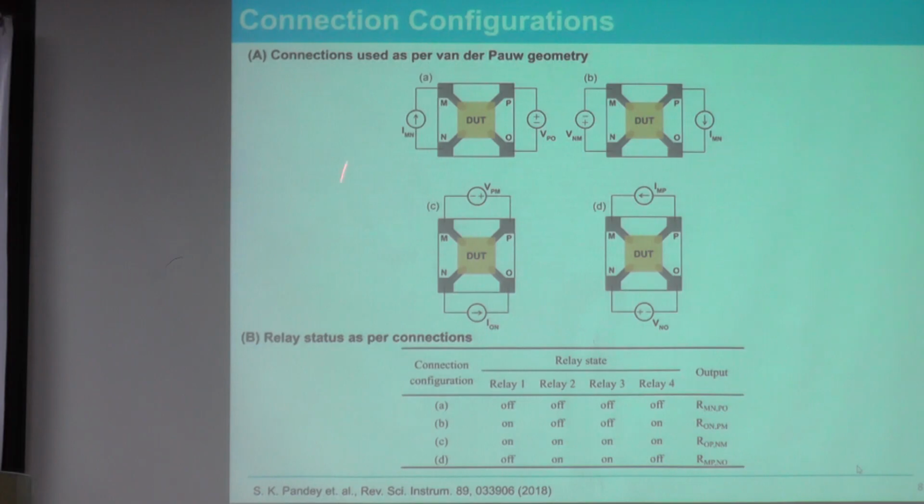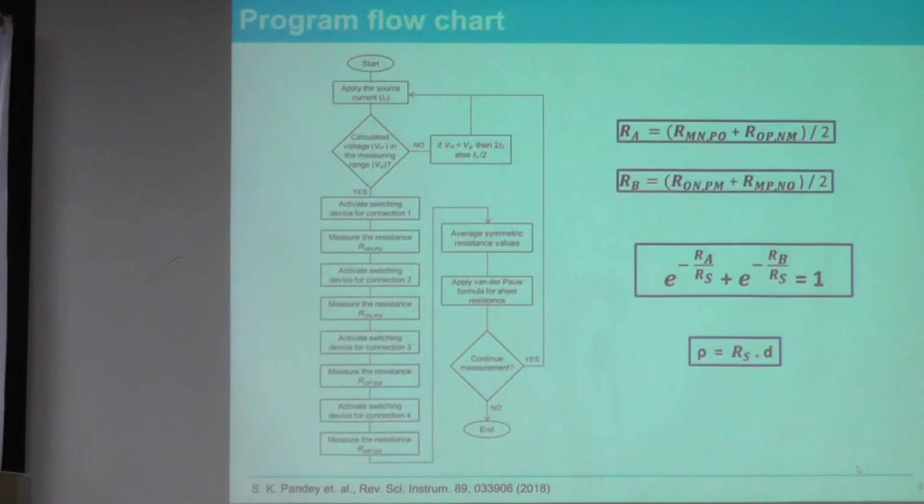So here is the status of your relay to get a particular connection. And this is the program algorithm, programmed through LabVIEW, where the whole thing is controlled to identify these values.